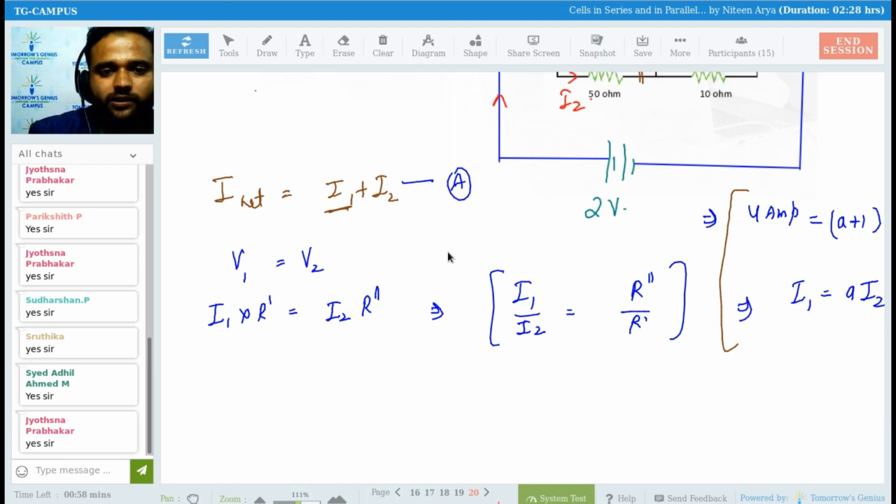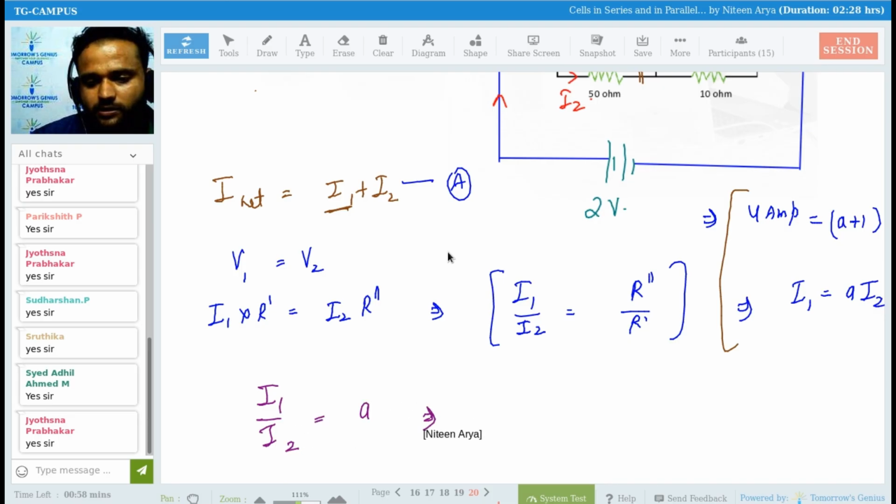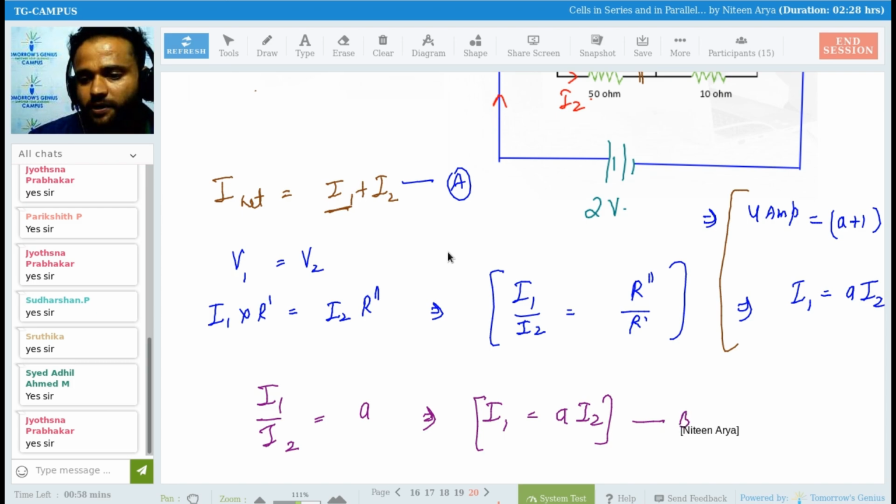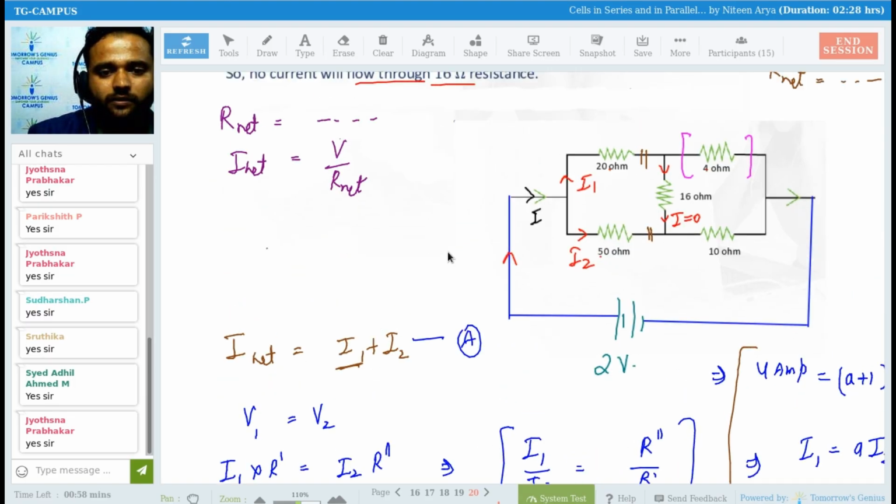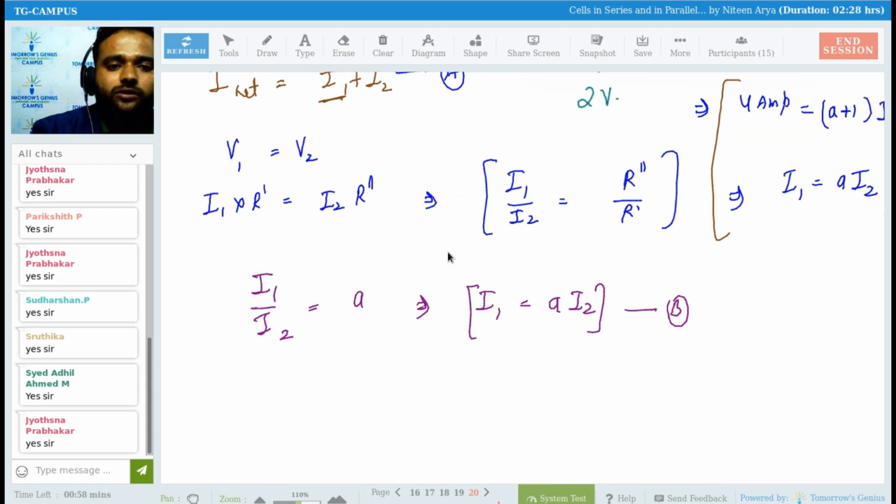So now using the condition, suppose I1 by I2 you get some constant A. So I1 is A times I2. Now using this equation B and this equation A, and from equation number 1, this is your I net. So now using equations 1, A and B, you can find I1 easily.